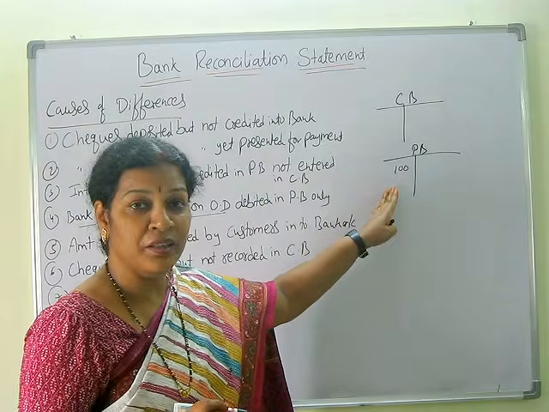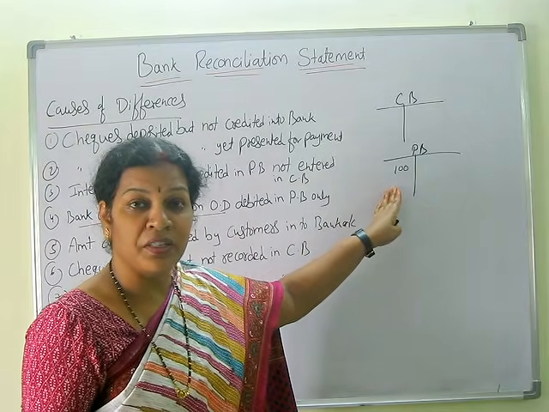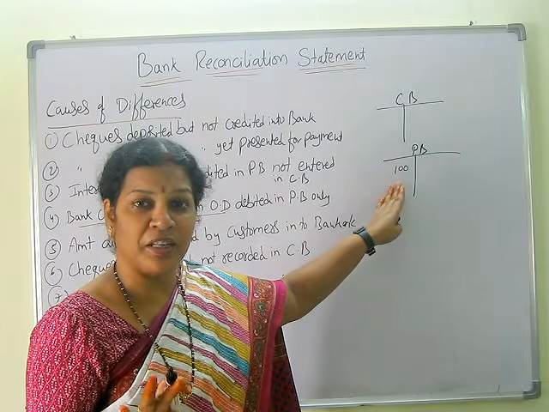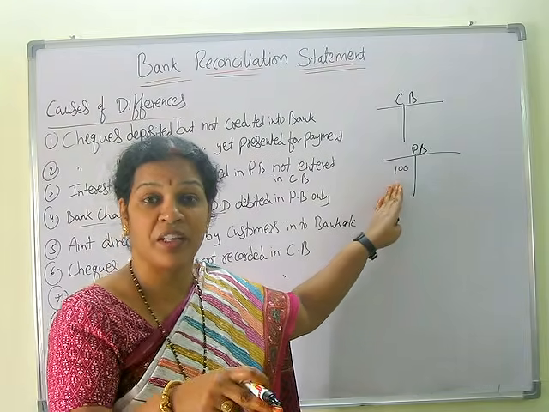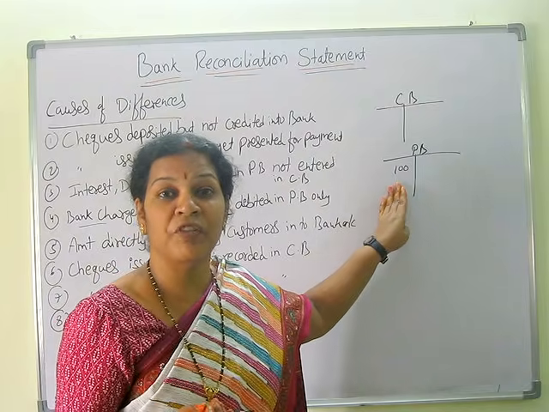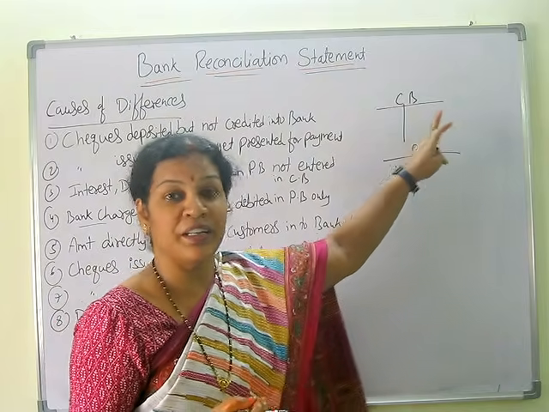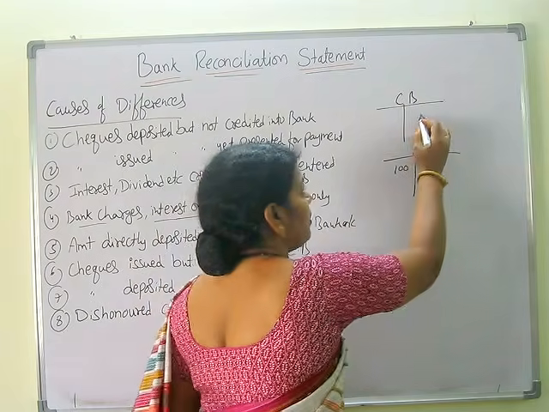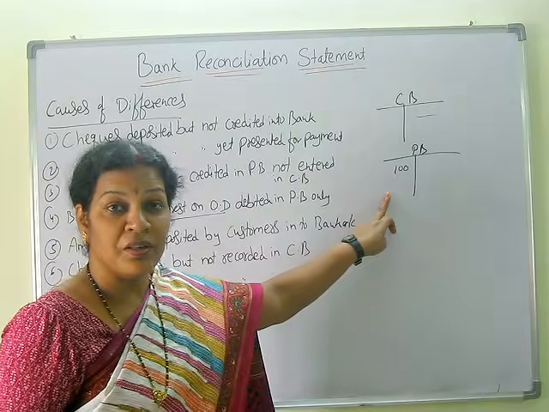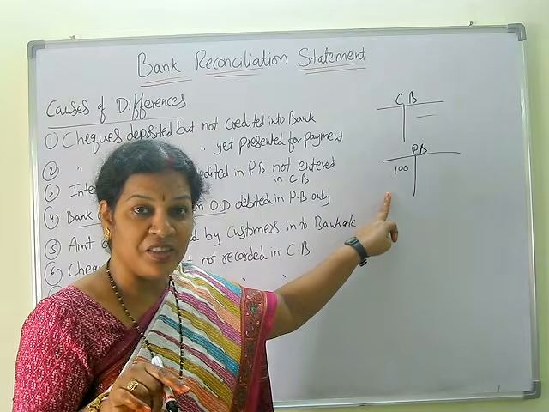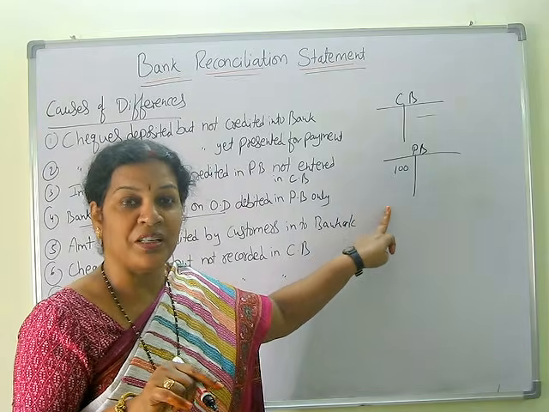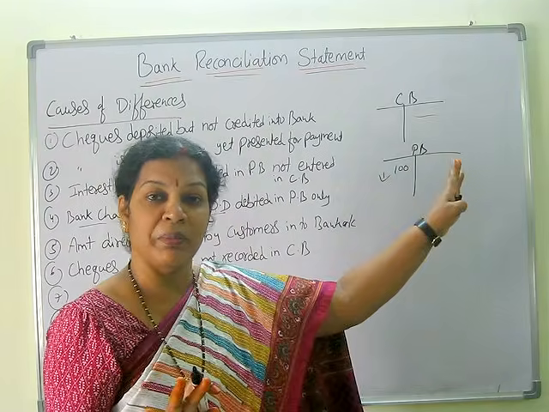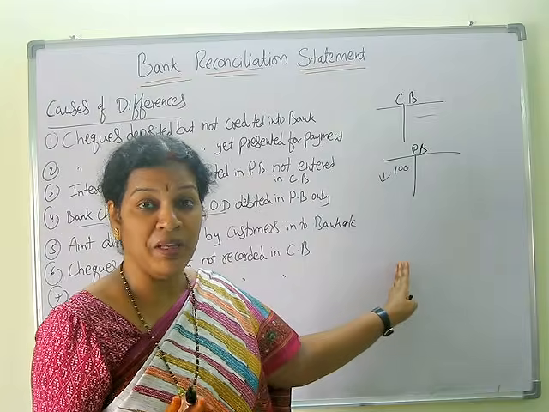That is only in the passbook, with no entry in the cash book, because we don't know about the charges. Unless we come to know the information and enter it, you will not find the entry in the cash book. So the cash book has no entry. In the passbook, debit side, they are charging, so the passbook value is decreasing. The cash book will be more, and the passbook will be less.